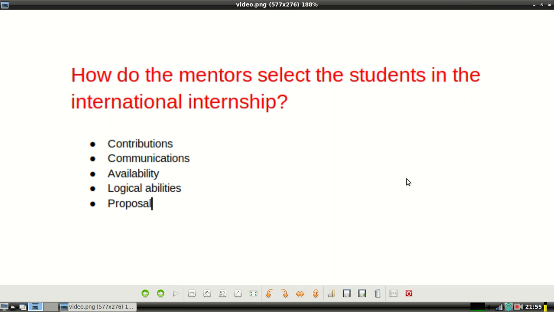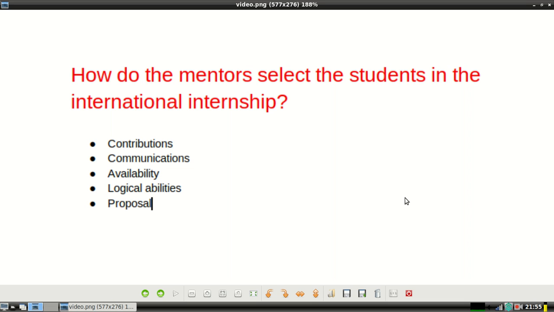You can consider IRC channels, and you can consider their community mailing list. You have to interact with all the community members, because only a mentor can't make a decision while selecting a student. The whole community understands the proposal, and judges your communication skills, your contributions and all that.